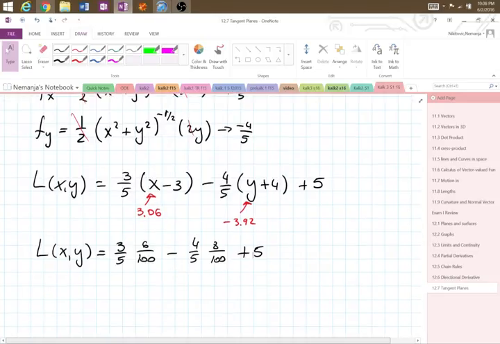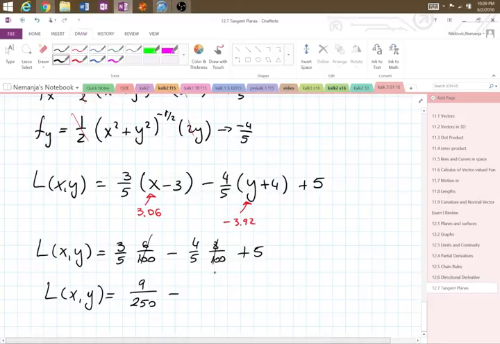So now let's compute this. Remember, no calculator, no computer, so we have to figure it out. So these cancel. 6 over 100 reduces to 3 over 50, so it's 9 over 250. Minus, these cancel too, and I want the common denominator, so I'm going to cancel by 2. So 16 over 250. And then plus 5, I need 250, so that's going to be times 50.